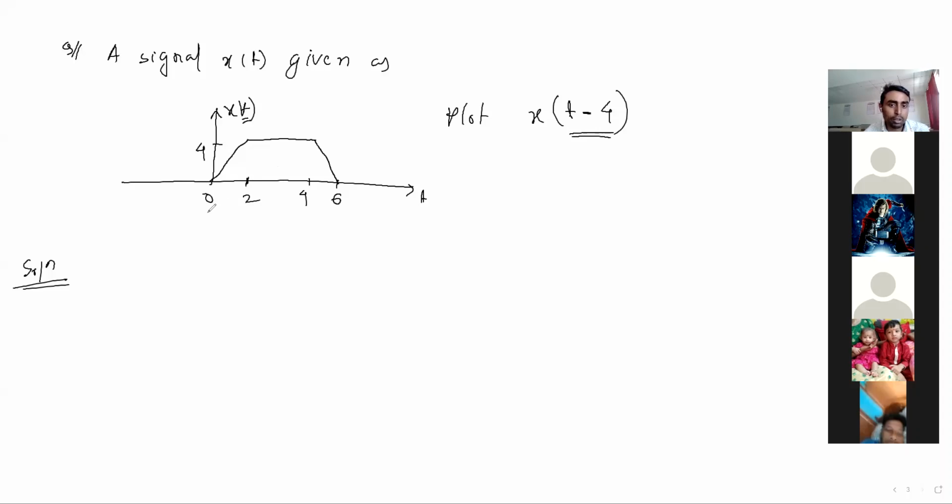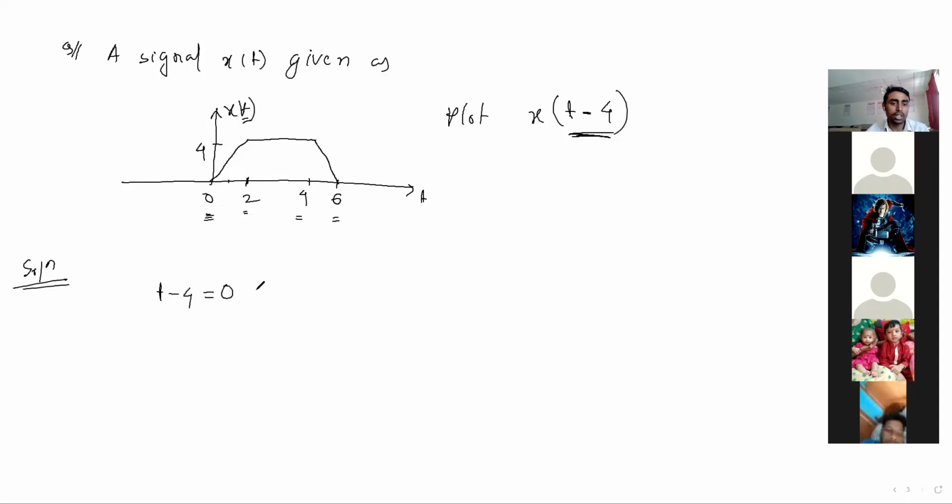Here the value of t is given at some instances. We have every amplitude value for every time, and using this we can draw the signal. We have to equate the given modified time, t minus 4, with the original signal's time instances, first with 0.